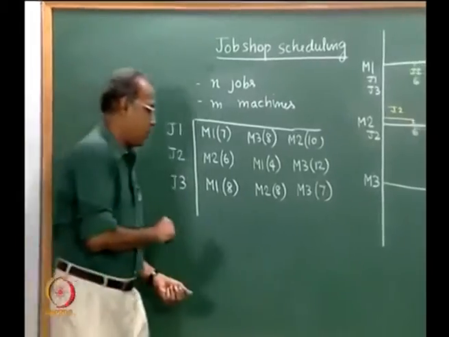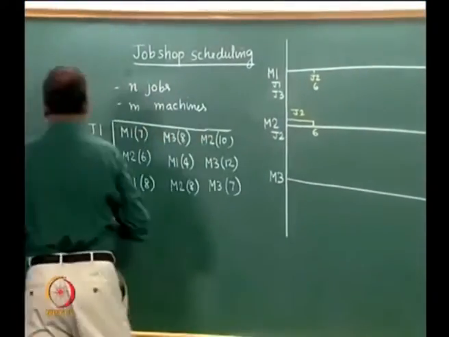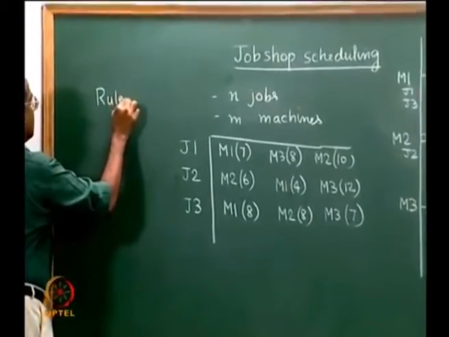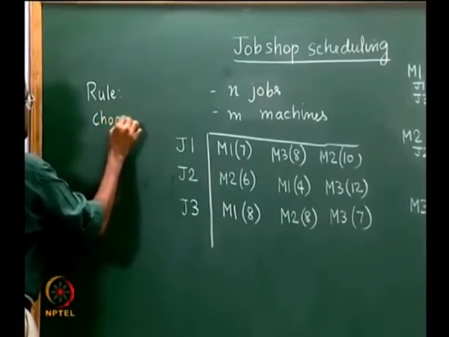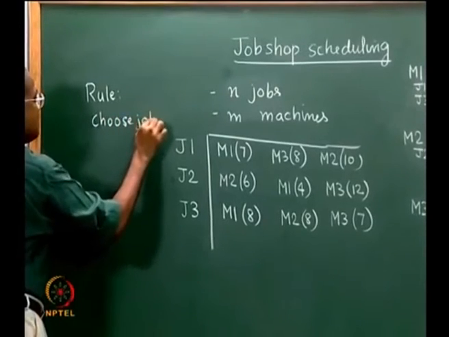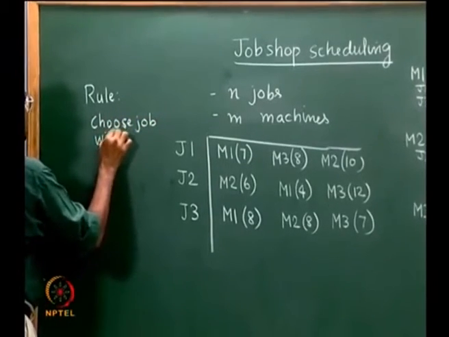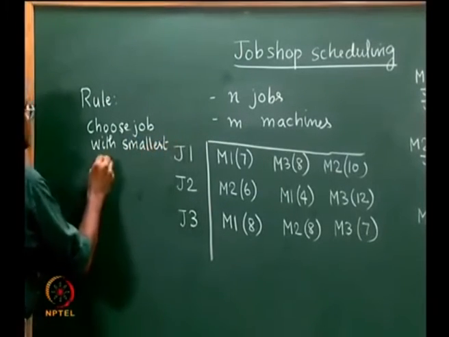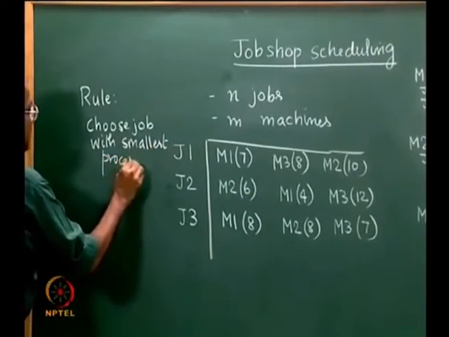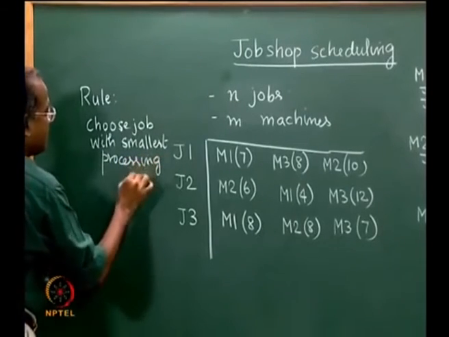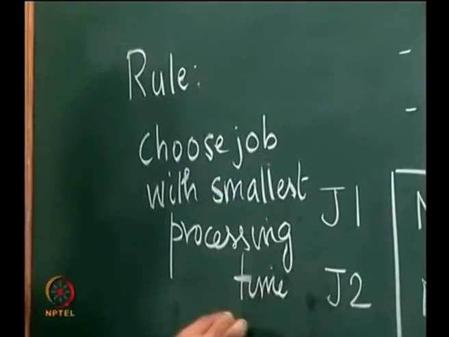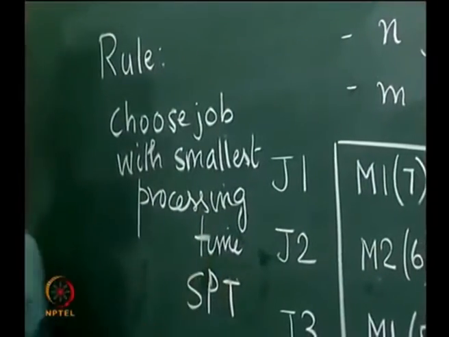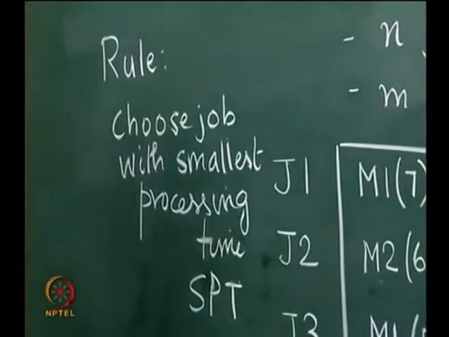So, we now follow a rule: choose the job with the smallest processing time, or use the SPT rule. We have already seen the SPT rule.